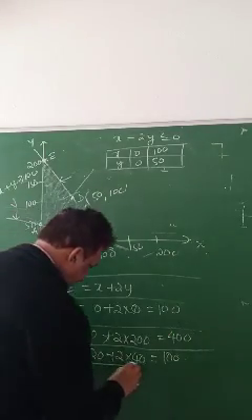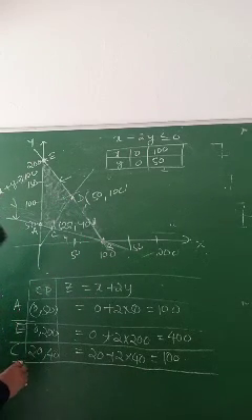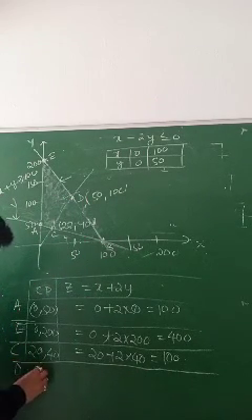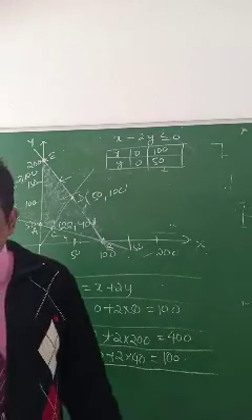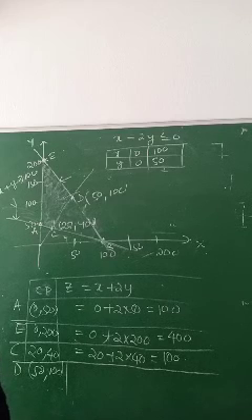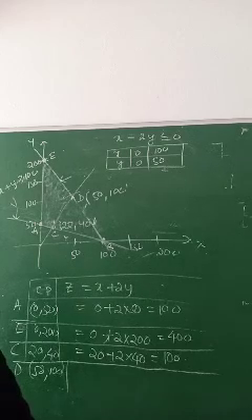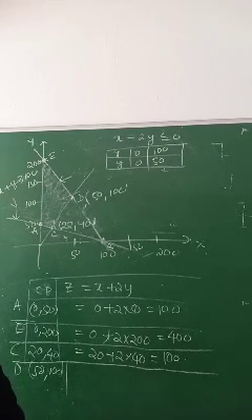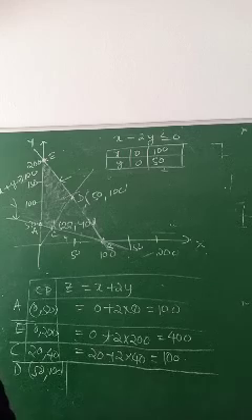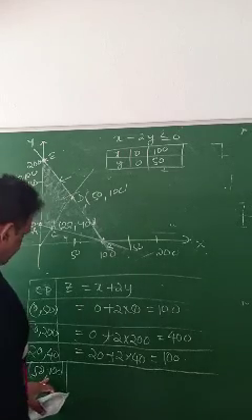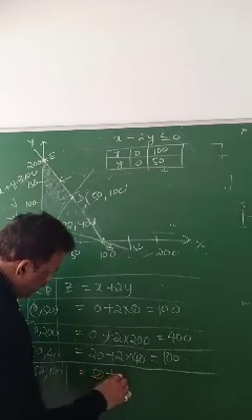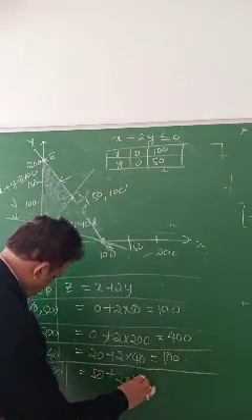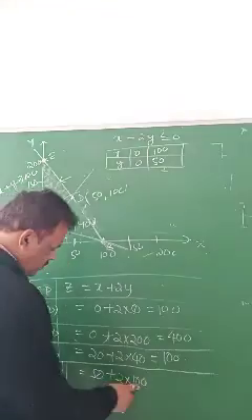Then comes D, 50, 100. 50 plus 2 into 100, that is 250.